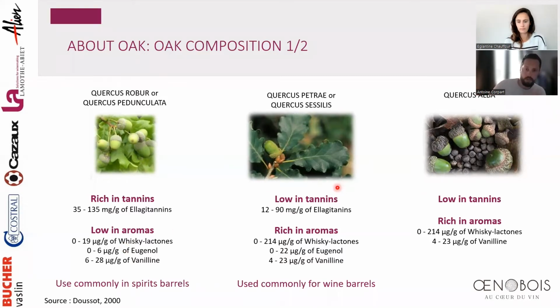Now, if you look at sessilis and alba, we have more concentration of aromas like whiskey lactone, eugenol, and vanillin, and a low concentration of tannins. That's the reason why it's better to work with this kind of oak in a winemaking process, to bring more aromatic complexity and more sweetness, without too much tannic concentration.